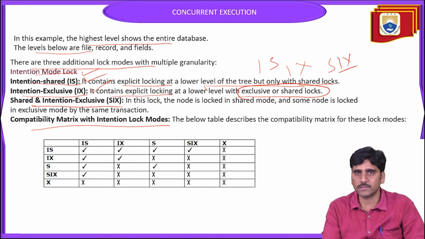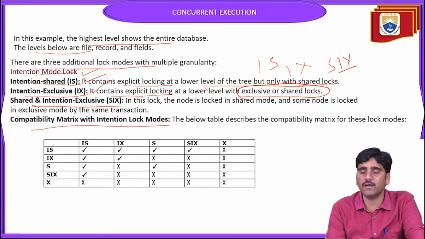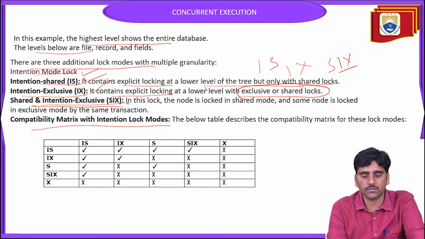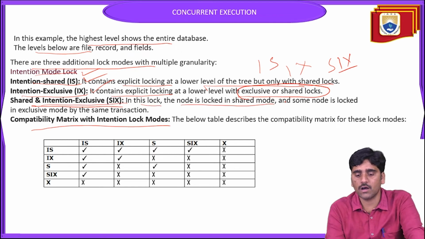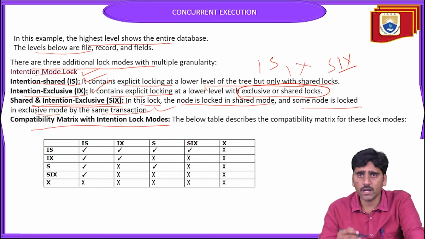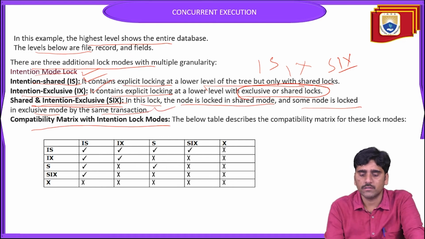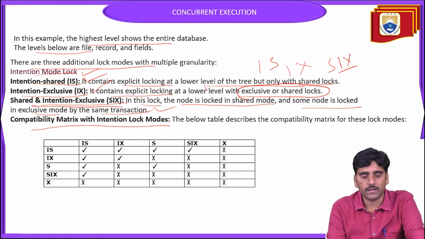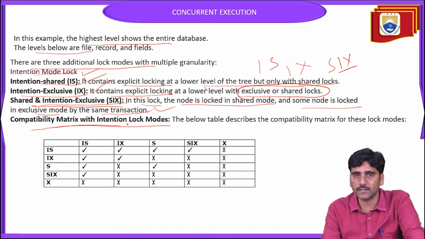In shared and intention exclusive, the node is locked in shared mode, and some node is locked in exclusive mode by the same transaction. So at one point of time the lock is in shared mode, and at another point it is in exclusive mode.